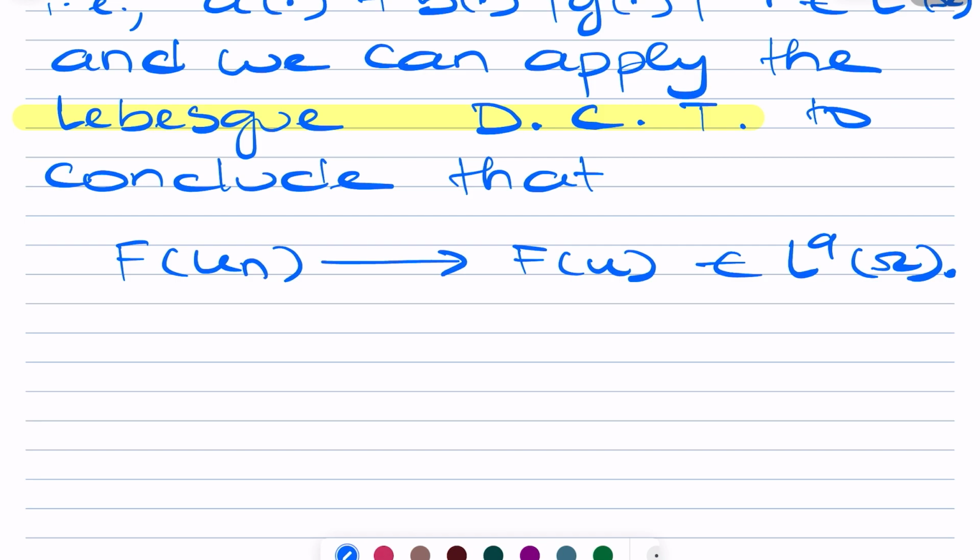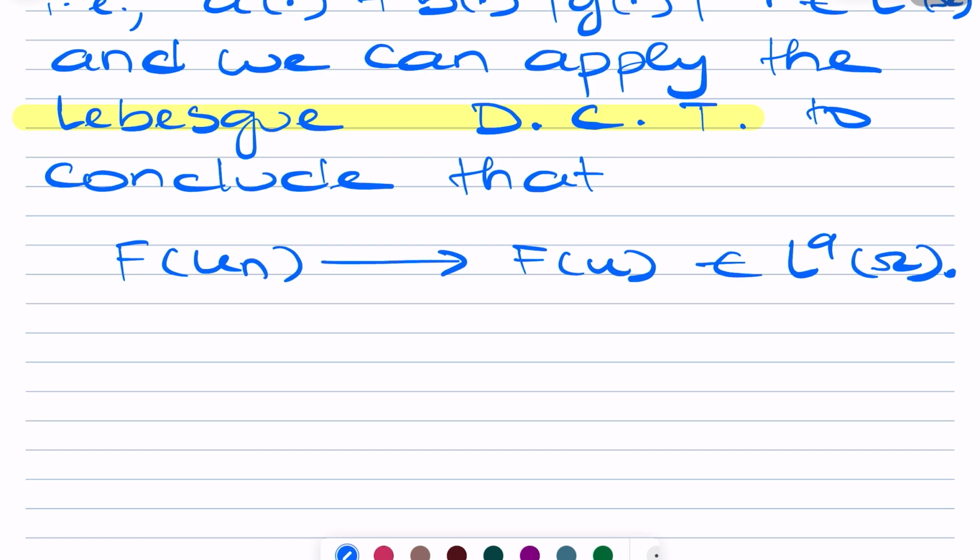Good. But don't lose sight of the fact that this holds only for a subsequence. Remember, we move from strong convergence in LP to pointwise convergence up to a subsequence. This is not a big deal, because the argument we use can be applied to any subsequence, and therefore the whole sequence must converge to f of u.